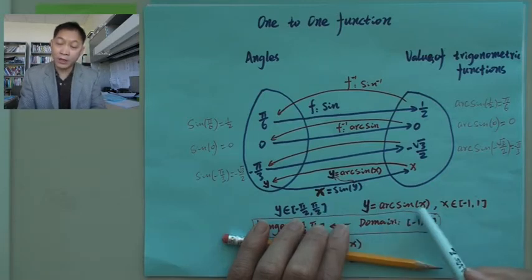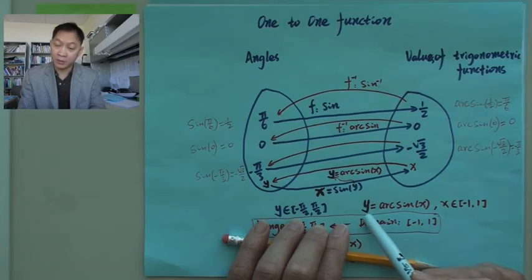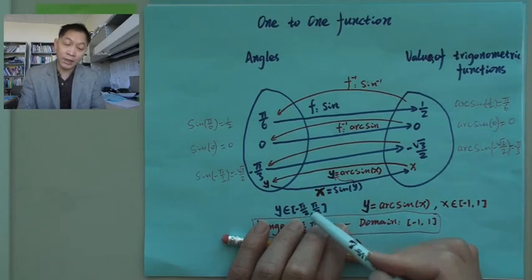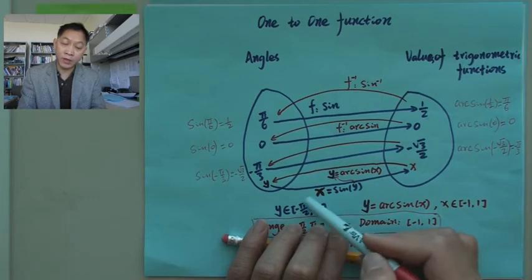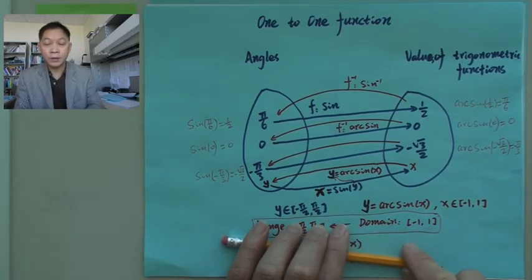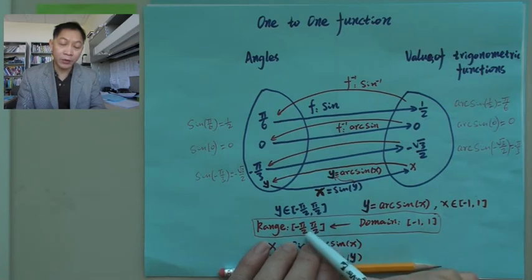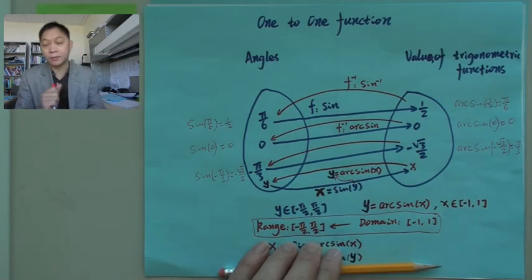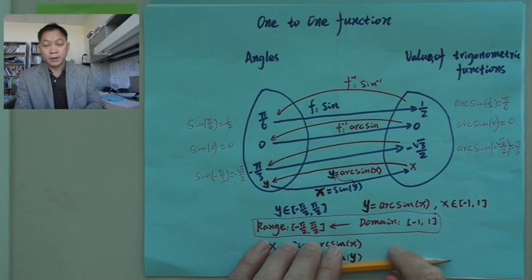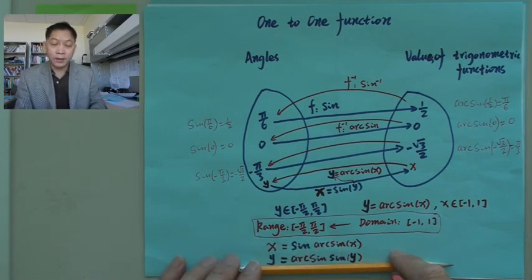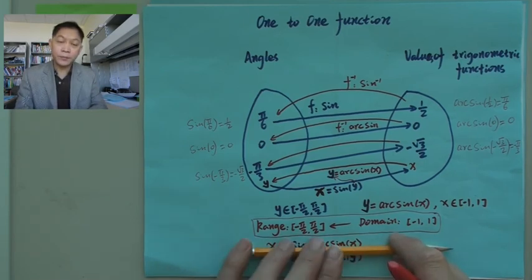Okay, if you have arcsin equals pi, that's totally wrong. Arcsin of anything cannot be pi. Okay, it has to be inside because pi is out of this range. So that's why we say the range is from negative pi over 2 to the positive pi over 2.